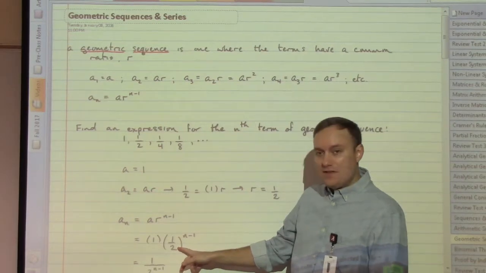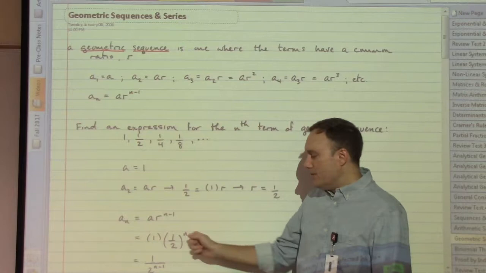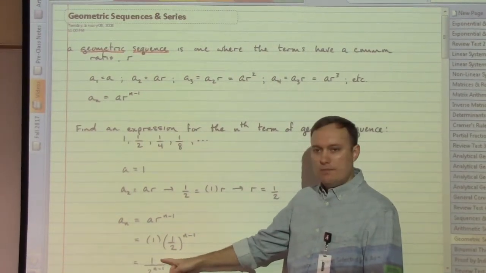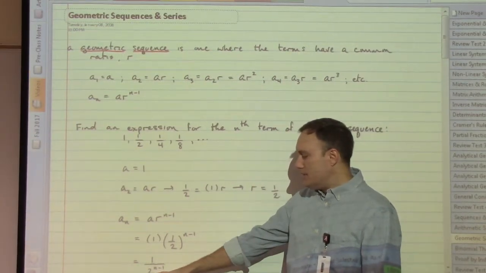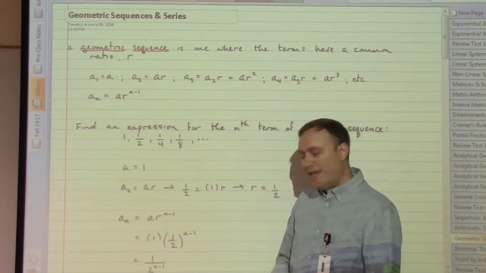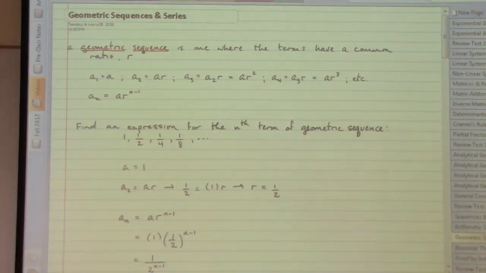And if I was really feeling frisky, I could say, you know what, I can tidy that relationship up a little bit using my rules for exponents. A 1 raised to any power is just going to be a 1, so that's not complicating anything there. And that means that I could just have my 2 down on the bottom with that power of n minus 1. And that gives me a slightly tidier looking relationship to use.